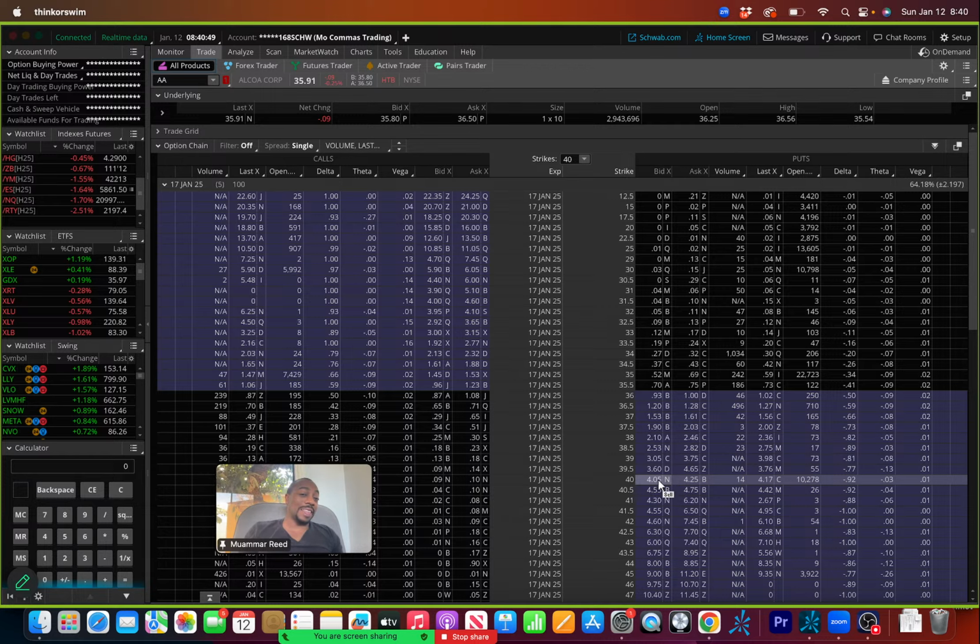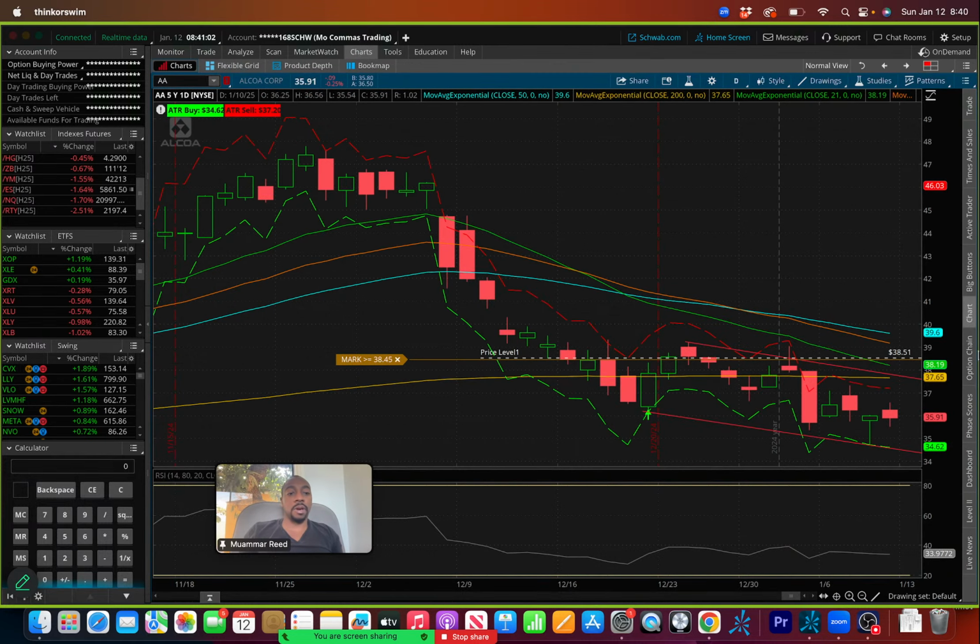This is just me reading the option chain. So I can anticipate, if I had a budget of $1,000, I'm going to be able to buy approximately 5 of these once it gets about $2 higher, at that 38 price point, where I want to buy these puts at 38.50 approximately.